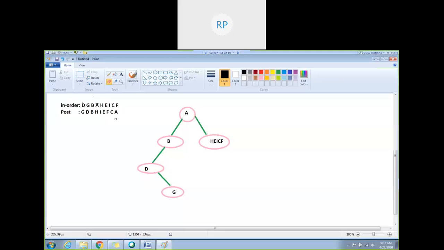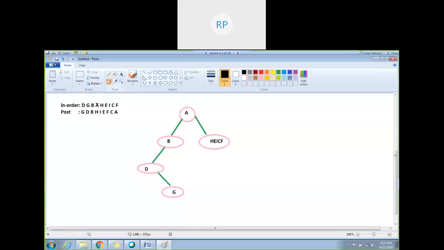So I clearly chose A as my root node. I can infer this from post order. And what elements can come in the left child and what elements can come in the right child, I can find from in order traversal.